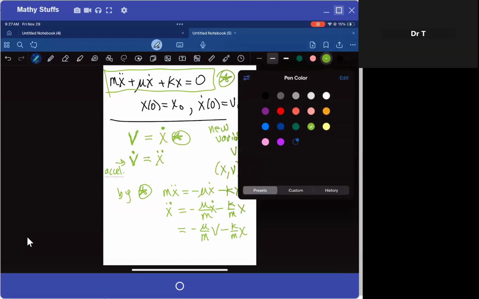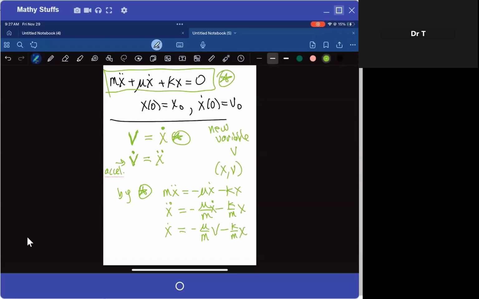So I've got x dot, there's one of my equations that relates x, v, and the rate of change of x. And then I've got this original equation that I introduced. Sorry, didn't mean to be confusing. This is x double dot right here. So that is v dot.